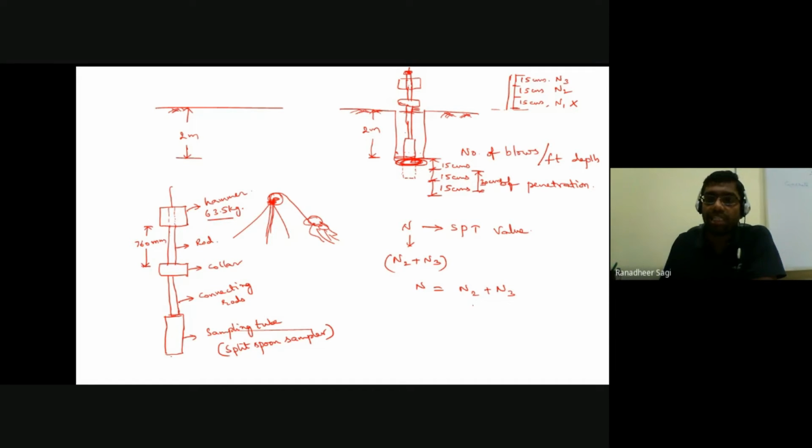Following the nomenclature I have used, N2 indicates the number of blows required for the second 15 centimeters of penetration, and N3 for the third 15 centimeters. This gives the total number of blows required for 30 centimeters of penetration of the split spoon sampler into the ground. That's what we ultimately calculate from this SPT test.